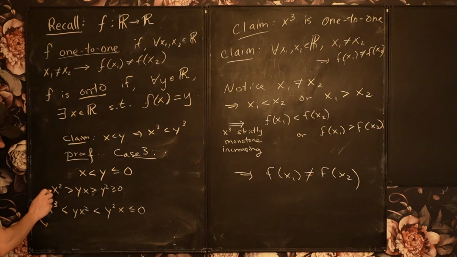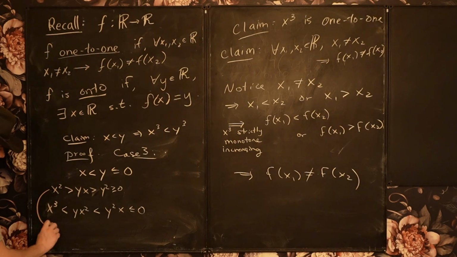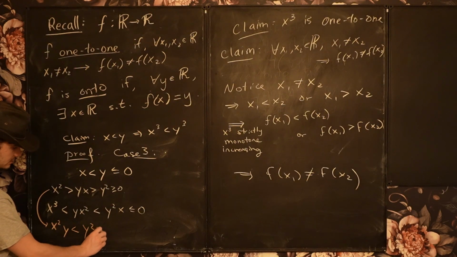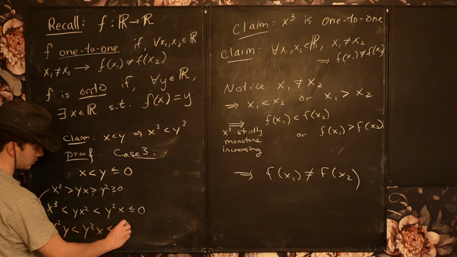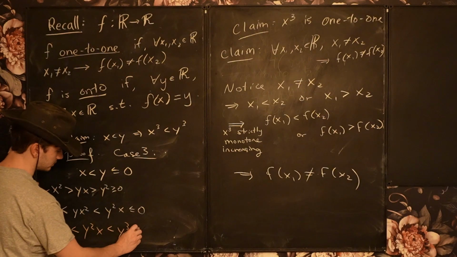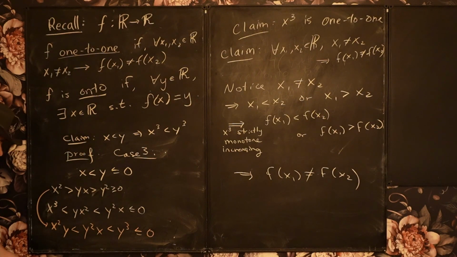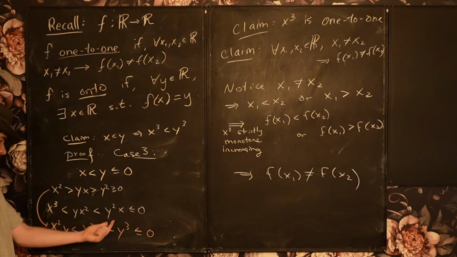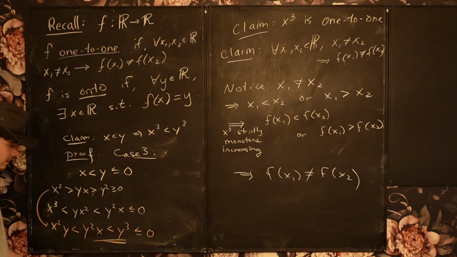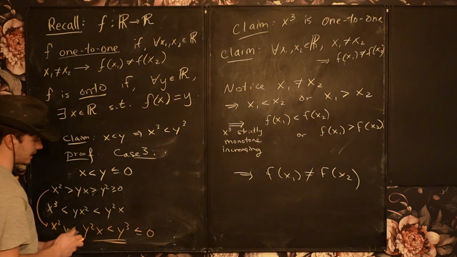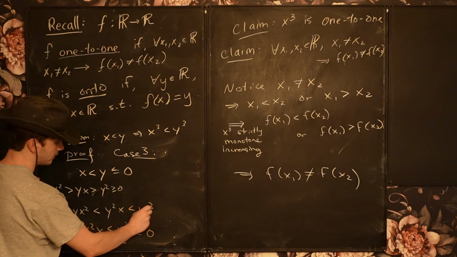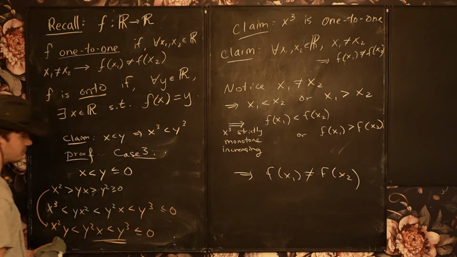And again, y is negative, so it'll flip all the inequalities. So I get x squared y is less than y squared x is less than y cubed is less than or equal to 0. Okay, but I have x cubed less than yx squared less than y squared x, which is less than y cubed by this second line here. So, bingo.